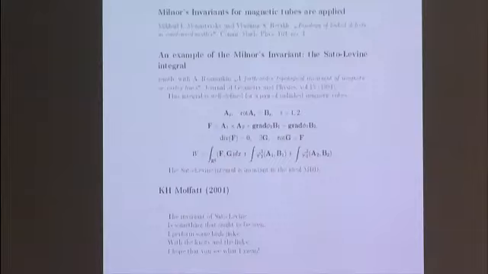I'm not an expert in British poetry, but the only thing I can say is that there is a limerick, and the subject of this limerick is something about the Sato-Levine invariant.